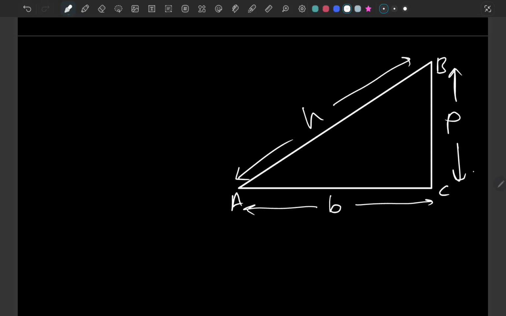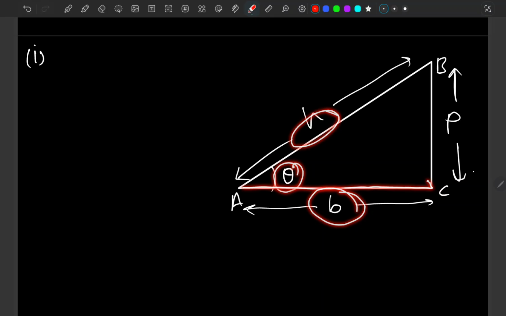So first things first, if we talk about this angle theta, the hypotenuse is constant. If we consider this angle or that angle, the hypotenuse wouldn't change. But the side which is attached to this angle along with the hypotenuse is known as the base.